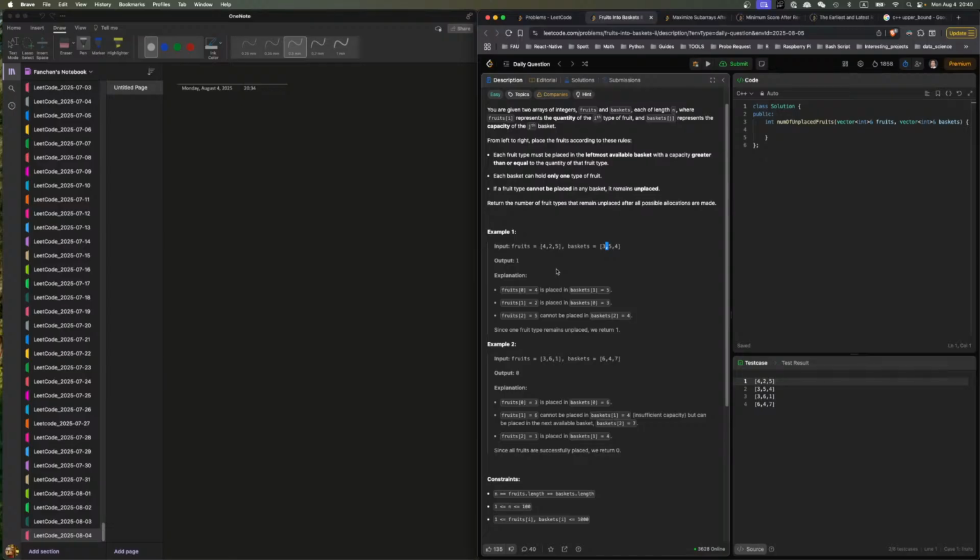I have no idea. What would be a faster way to do this? A leftmost that's bigger. How do you find the leftmost that's bigger?